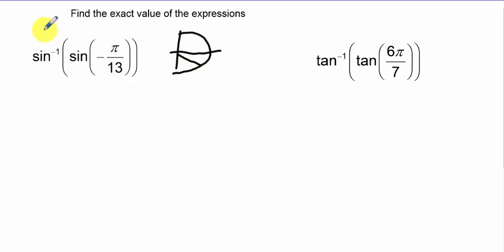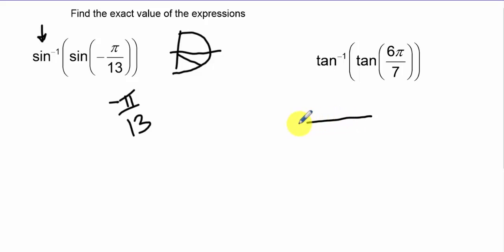And the second part asks, what angle gives me that y value? Well, that angle is just negative pi over 13 in this case. And that seems kind of intuitive.